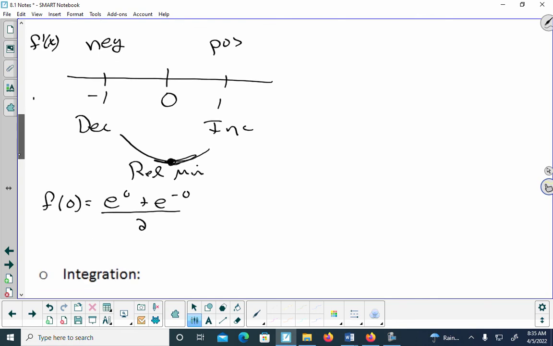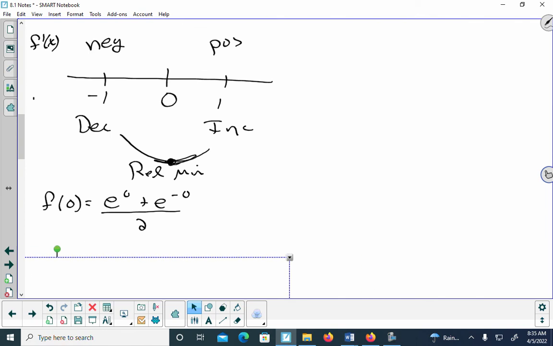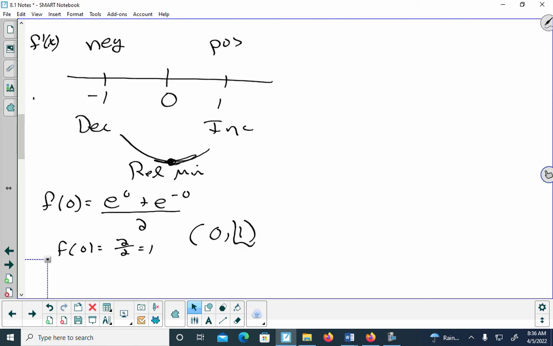Well, anything raised to the 0 power is 1. So I am going to have 1 plus 1, which is 2. So I'm going to have 2 over 2, which is 1. So my relative min is going to be the ordered pair (0, 1). So the relative min is going to be that 1.